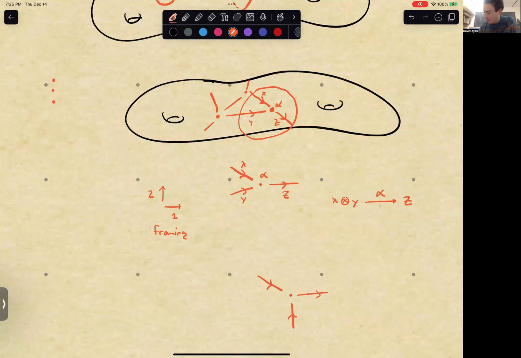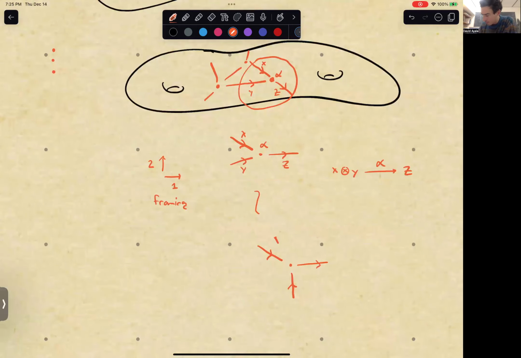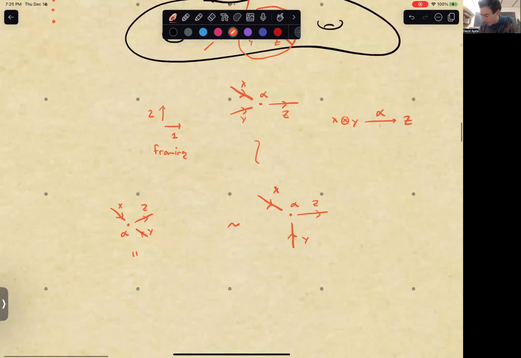Right. So in a sense, this picture is isotopic to this one, which is in turn isotopic to this picture. So these string diagrams may look entirely familiar. And I can just relabel this by not y, but y dual.